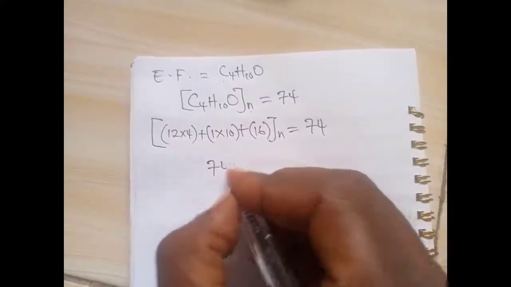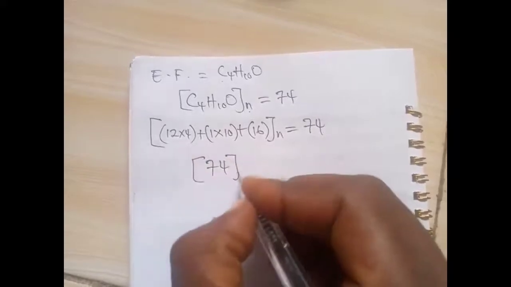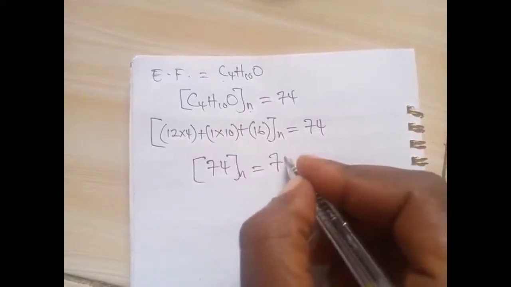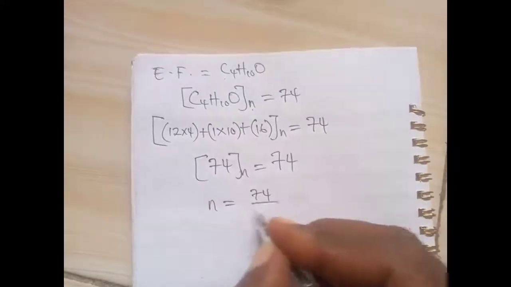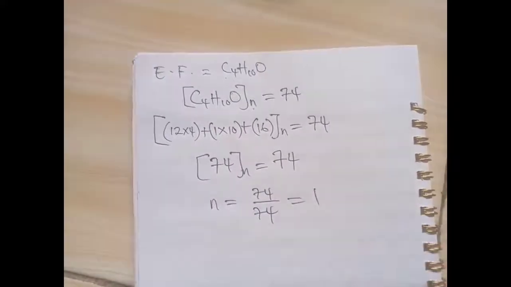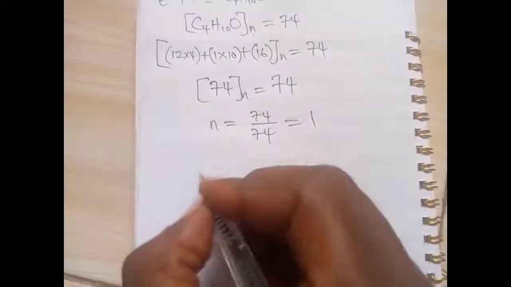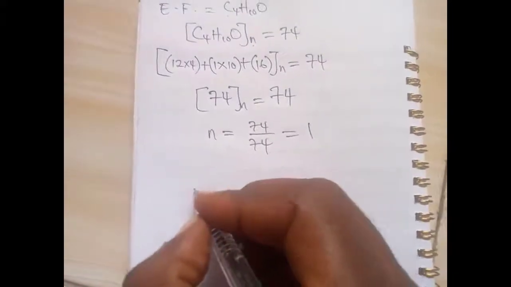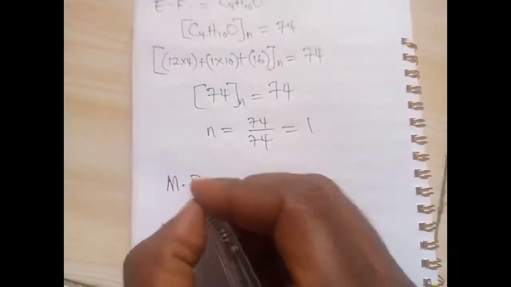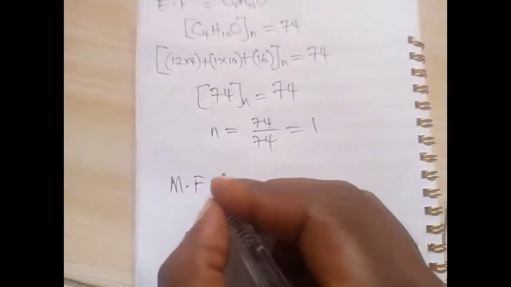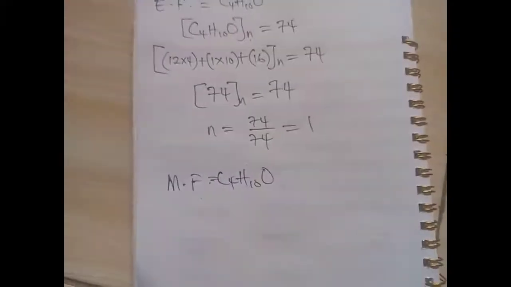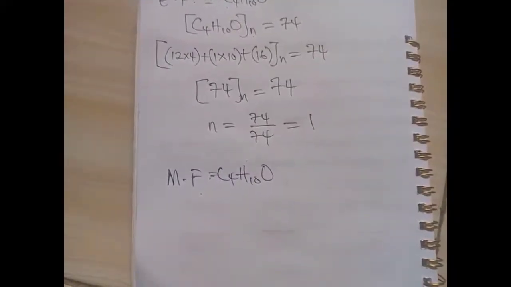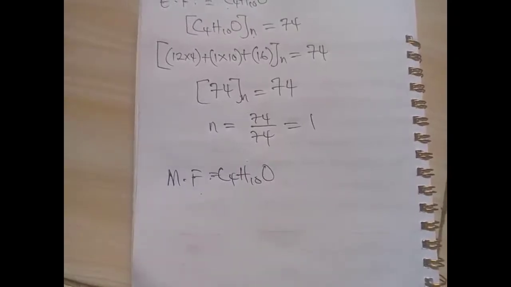So we have 74n giving us 74. Therefore n is 74 over 74, which is 1. Therefore the molecular formula is still C4H10O.